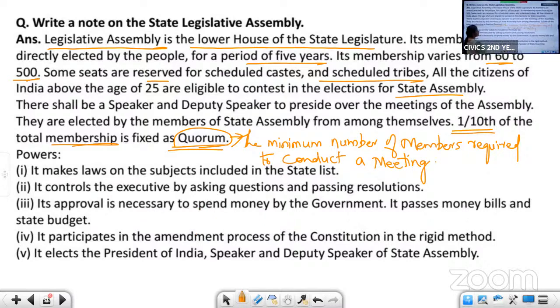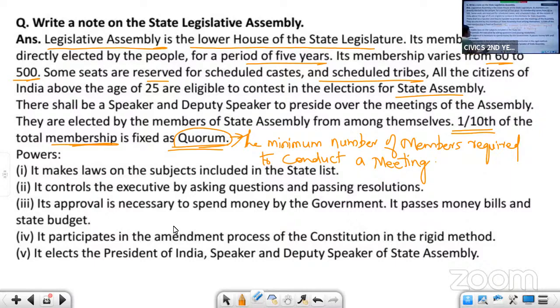It is completely on the basis of the strength, the membership of the house. Suppose the members are 120, then 1/10 of 120 will be 12 members. It depends on the strength of the house. So it is fixed as 1/10 of the total membership.